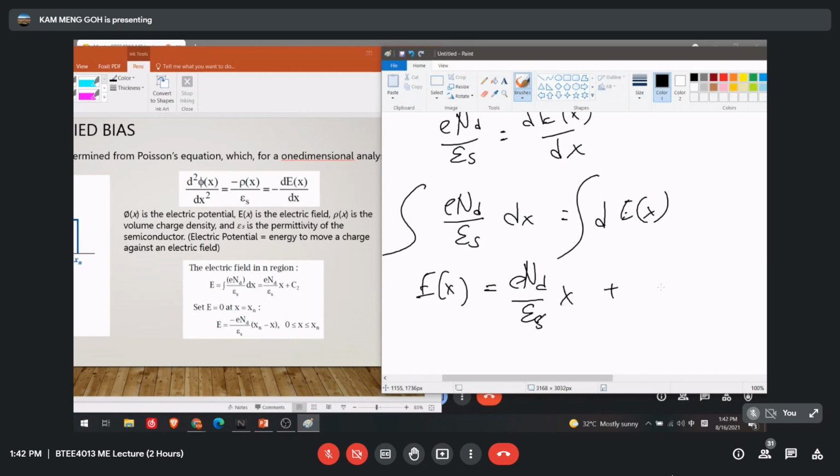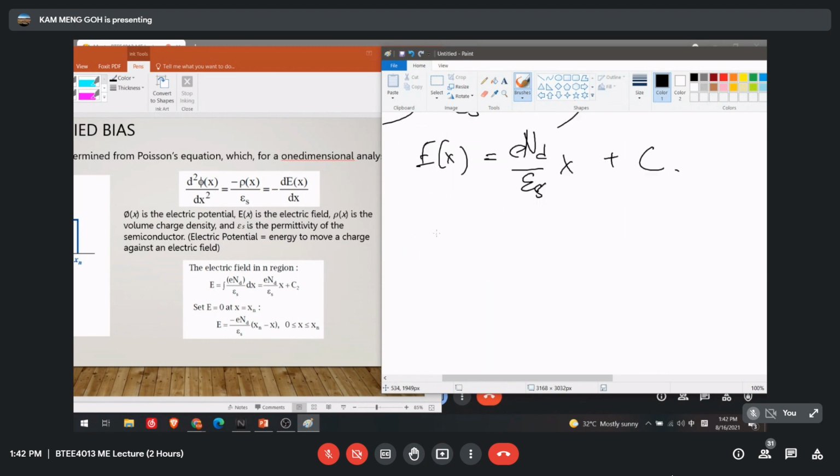S plus a constant. So when you set E as 0 in Sn, when your s equals Sn, your E will be equal to 0. So you put 0 here, then your C will be equal to Sn. Your C will be equal to the negative value of this.